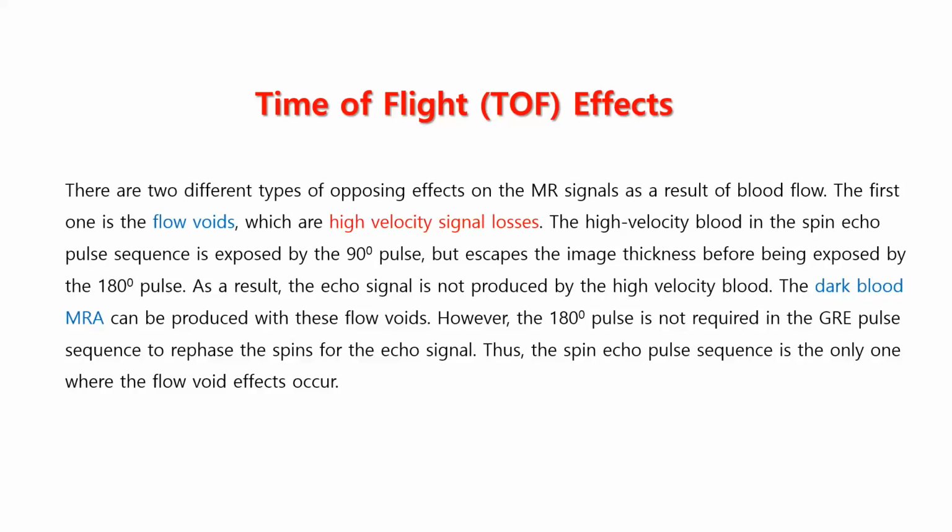Now let's see some effects of the flowing fluid, flowing blood. First, we can observe time of flight effects, TOF effects. But actually, there are two different types of opposing effects on the MR signals as a result of blood flow.